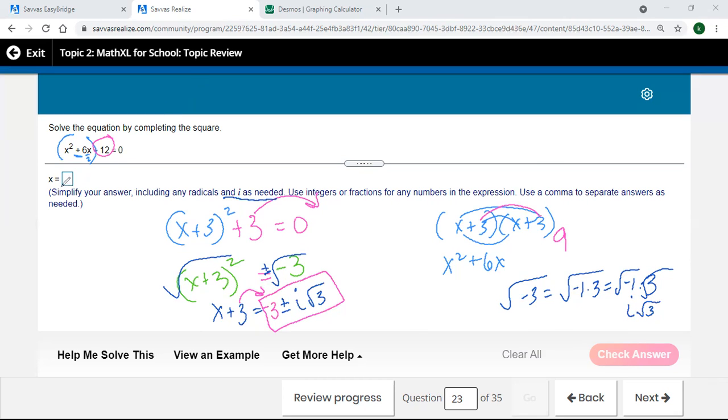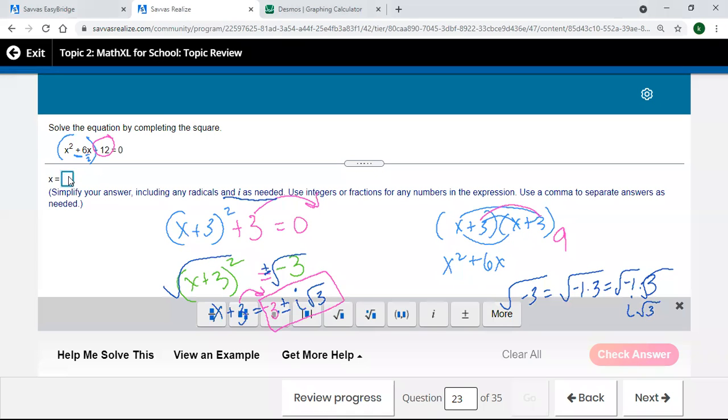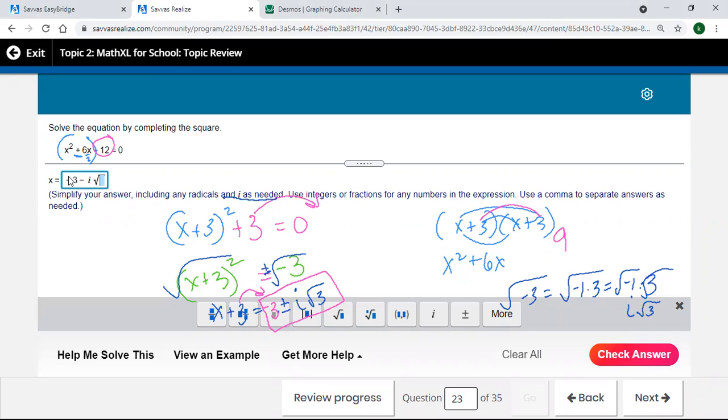So it asked me to type them in and separate them by commas. So I've got a -3 minus i backslash sqrt for my square root of 3, over the right, comma, and a -3 plus i and a square root of 3.